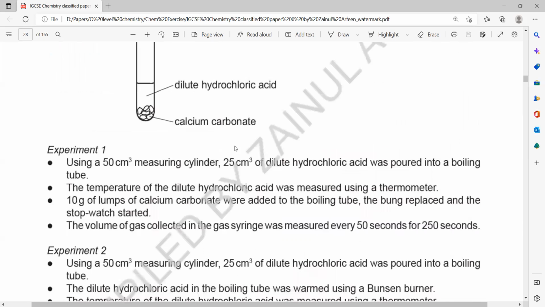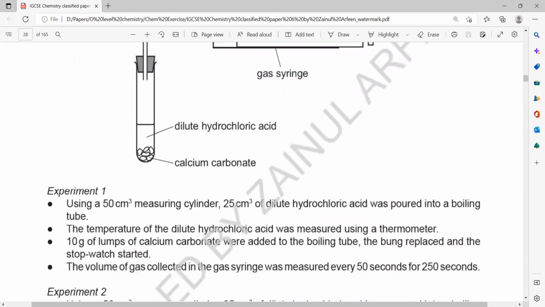In experiment 1, we used a 50 cm cube measuring cylinder, and 25 cm cube of hydrochloric acid is poured into a boiling tube. The maximum capacity is 50 cm cube, and it was filled with only 25 cm cube of hydrochloric acid, like half filled.